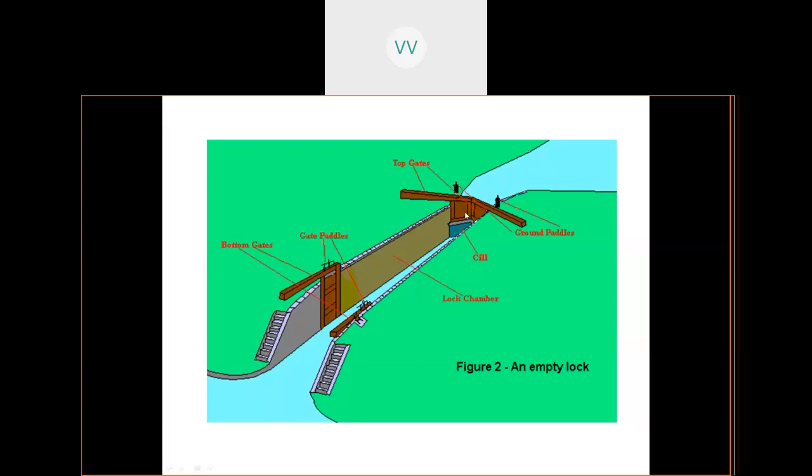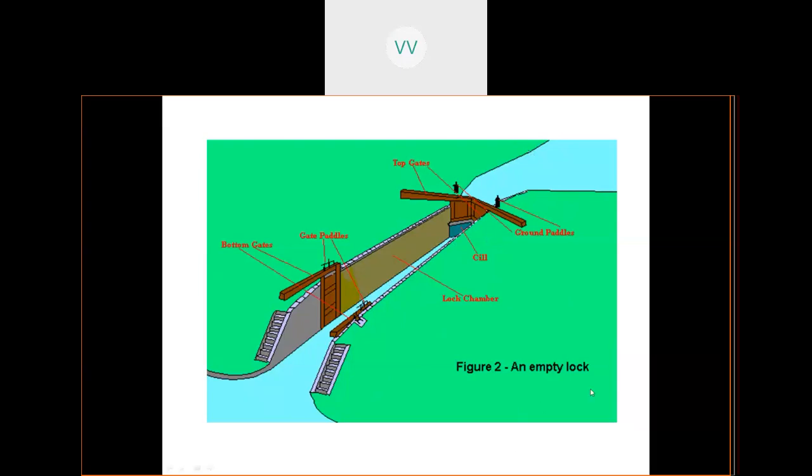That means two gates make one set of lock gates, and another one here. This gives you the idea how the lock gates appear in the real time scenario.